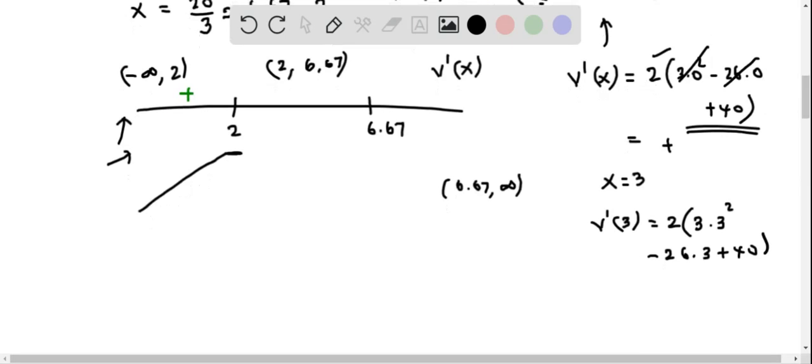We put this expression into the calculator to understand its sign, and when we do that, this is found to be negative. So we get a negative quantity. So we say that in this interval, the v prime of x is negative, which means it is sloping down. So we draw it like this. That is still this 6.67.